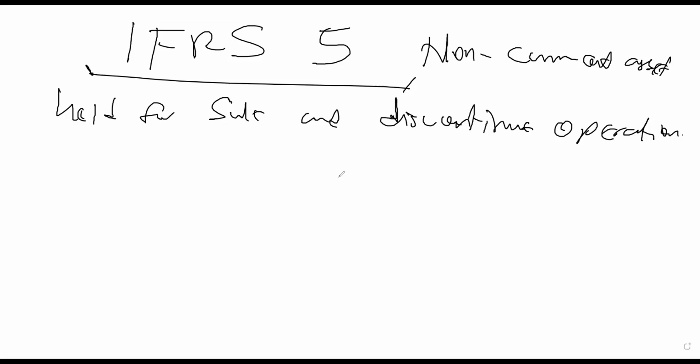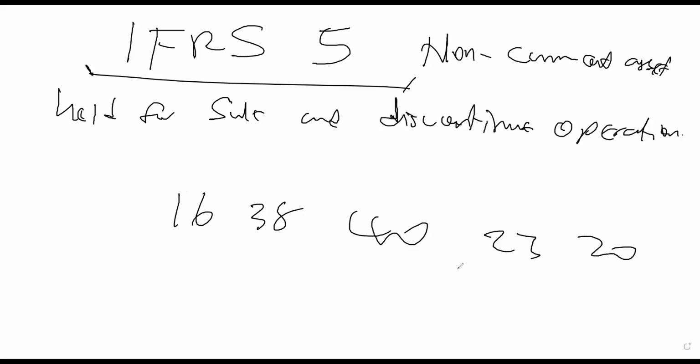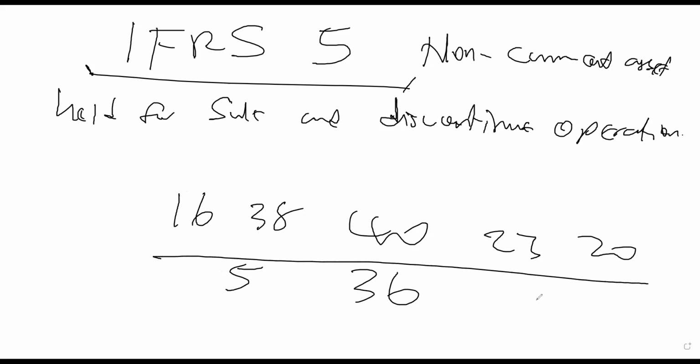Now, what happened is that it's an asset standard. So normally, when we don't want to test on impairment, that is the next standard we normally fall on. So IAS 16, 38, 40, 23, 20, IFRS 5, impairment IAS 36, especially, and IAS 2.